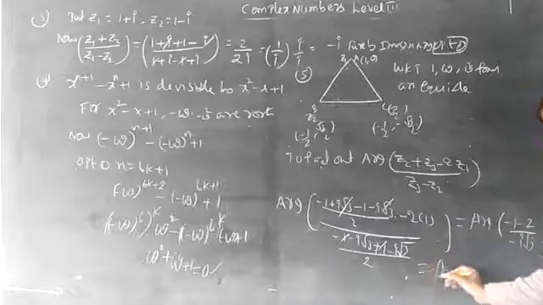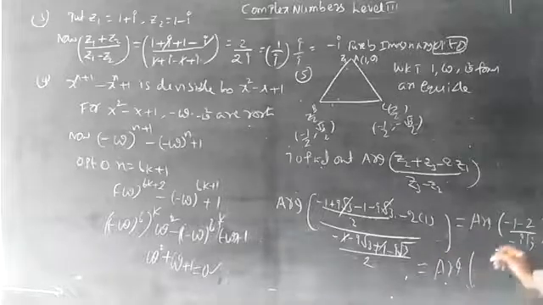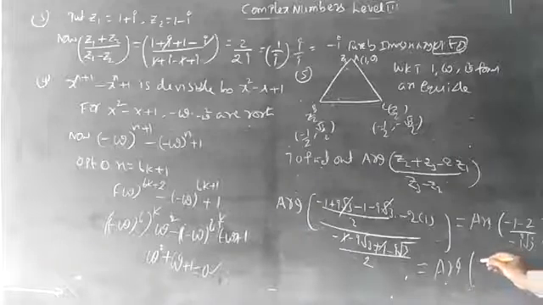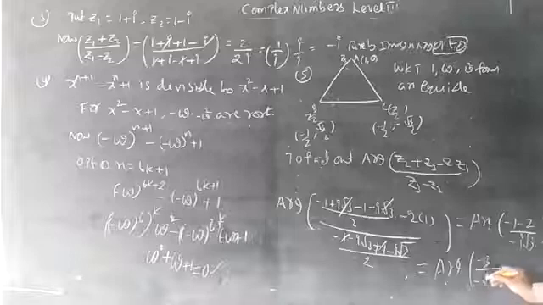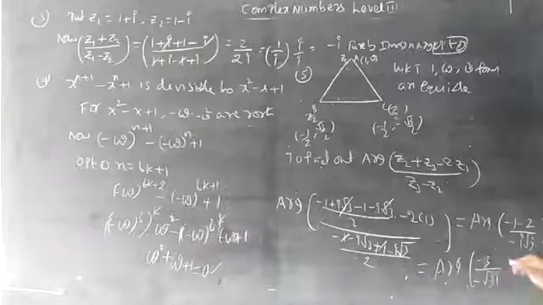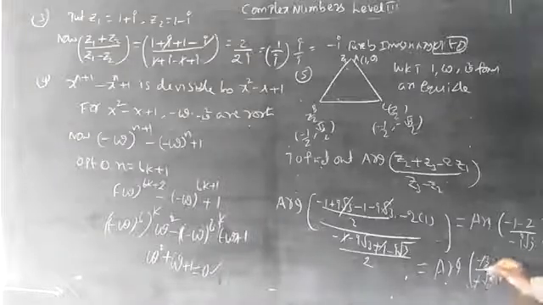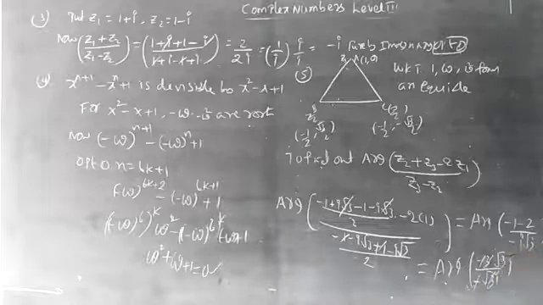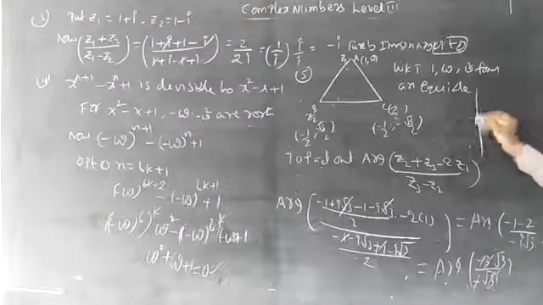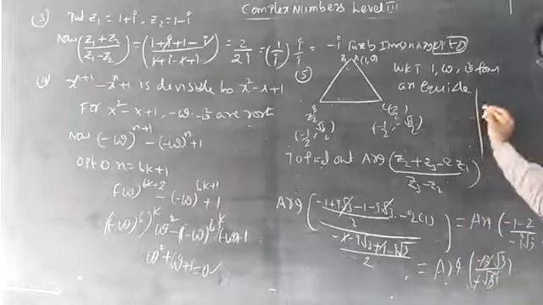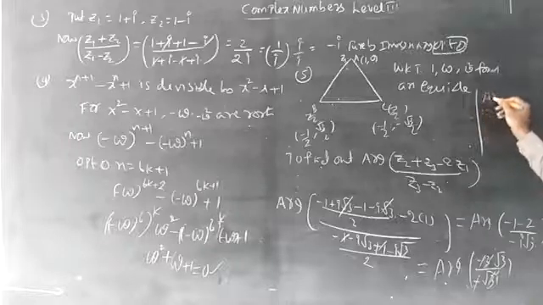That is equal to argument of minus 3 by minus i root 3. The minus signs get cancelled. This will be root 3 times argument of root 3 by i.